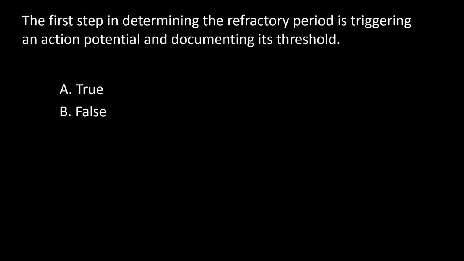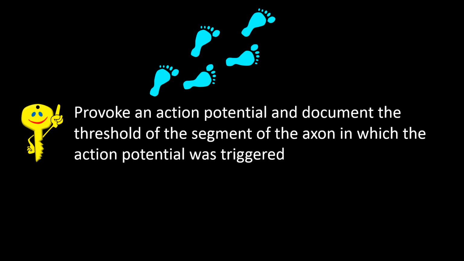Next question. The first step in determining the refractory period is triggering an action potential and documenting its threshold. A true, B false. So the first step to determine the refractory period is to provoke an action potential and record the threshold of the segment of the axon in which the action potential was triggered.